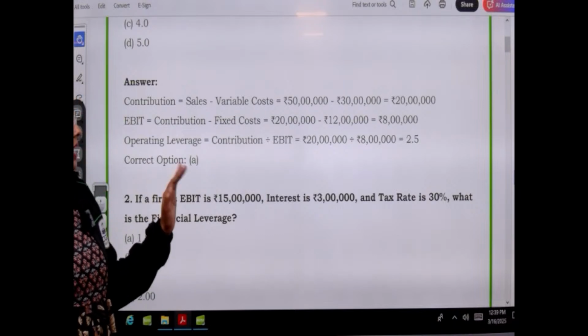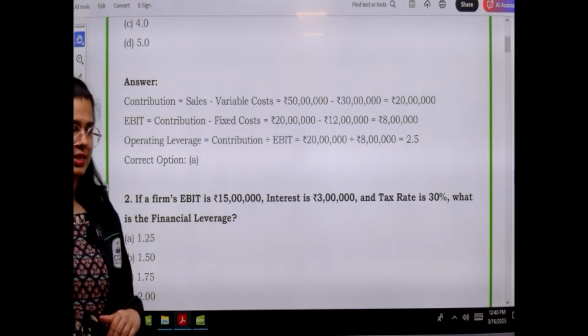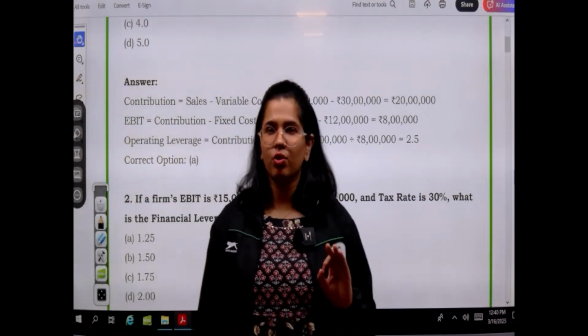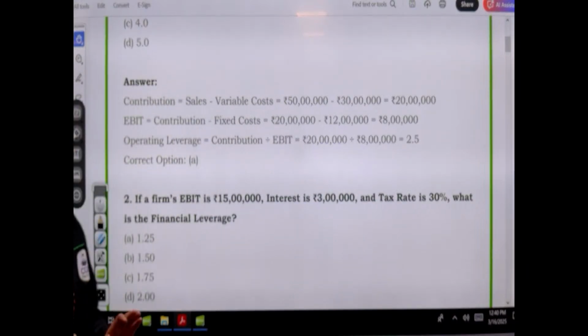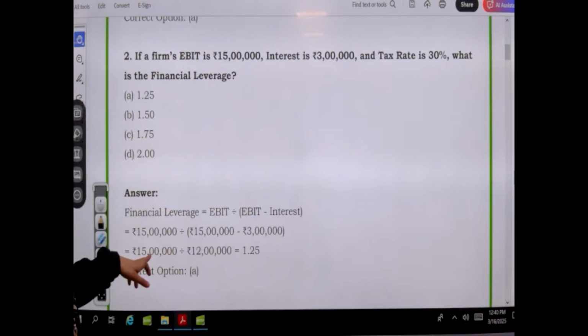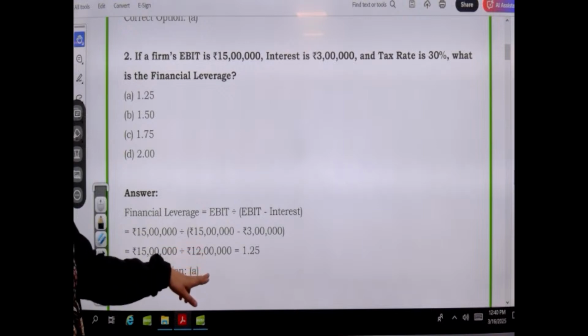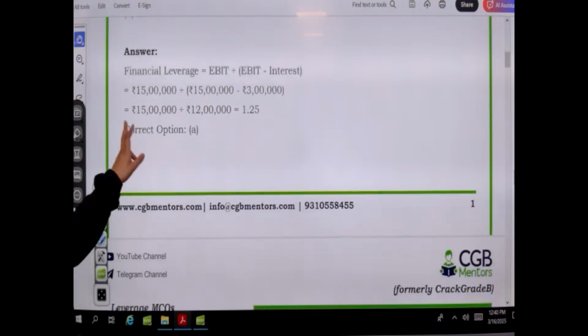So 15 lakhs less 3 lakhs, 12 lakhs is your earning before taxes. The tax rate is given over here just to confuse you. There is no use of this in my financial leverage formula. So clearly EBIT 15 lakhs, EBT 12 lakhs, right? Earning before tax. 1.25 is my answer.